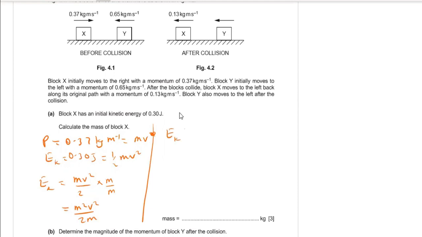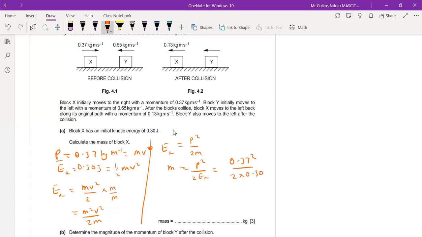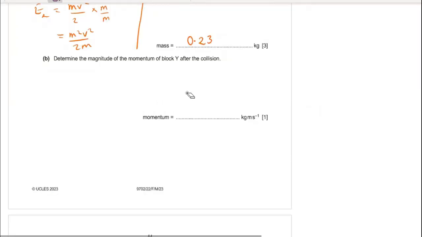Because momentum is mv, it means that kinetic energy is p squared over 2m. If I'm looking for the mass, it will be p squared over 2 times kinetic energy, which is 0.37 squared over 2 times 0.30. We get 0.23, to two significant figures, 0.23 kilograms.